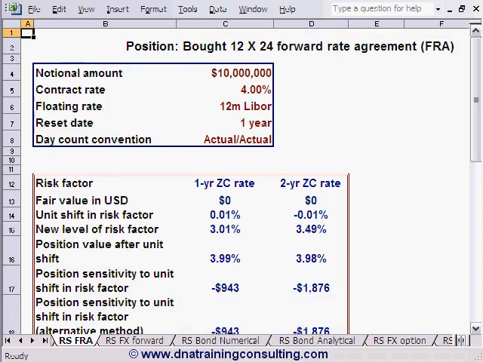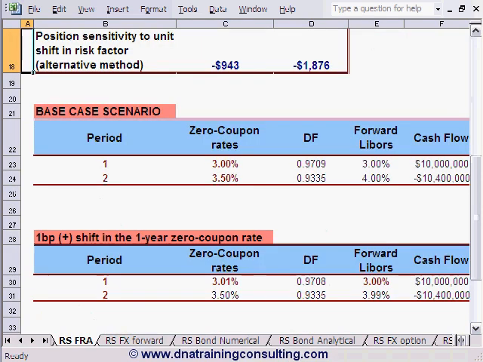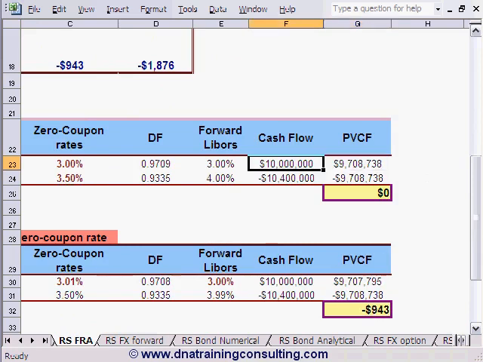To confirm the equivalence of the FRA position and the long-short combination of zeros mentioned before, we have also calculated the fair value of such a combination, namely long a $10 million by face value 1-year zero coupon bond, and short a $10.4 million 2-year zero coupon bond by face value.